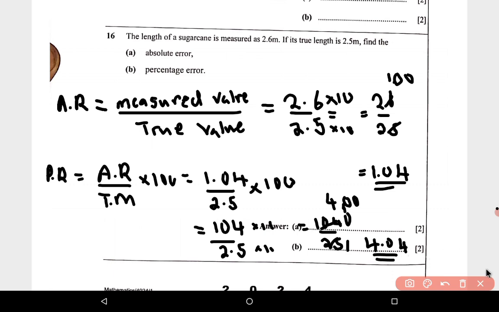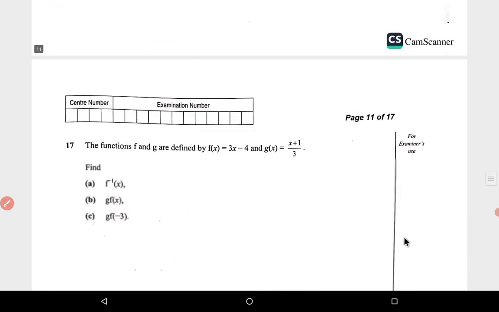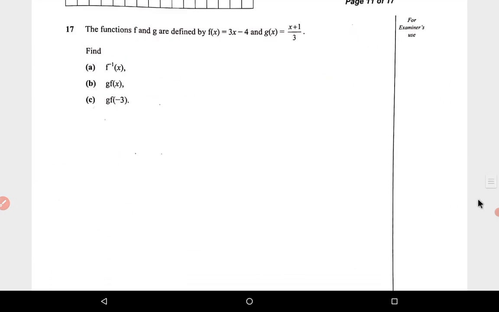Okay, so now we go to the next question. Go to question 17. According to question 17, functions are given like that.